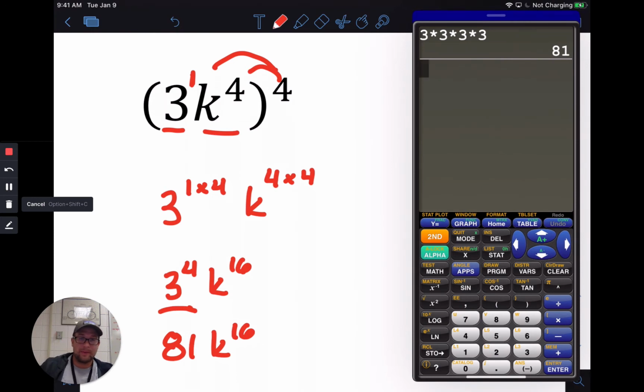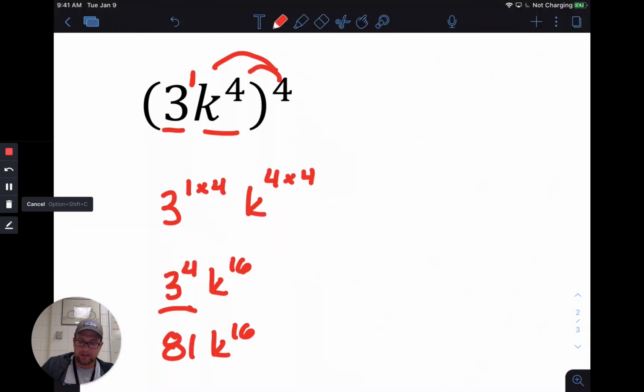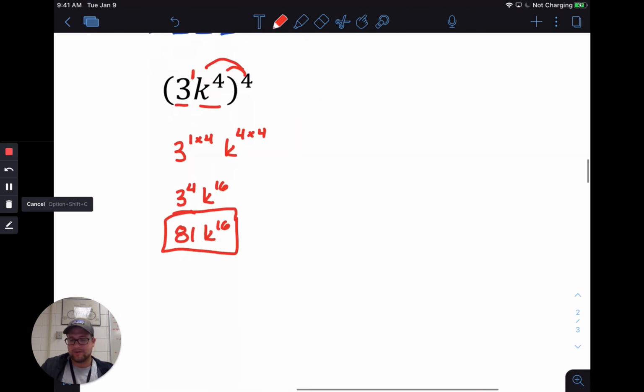But do remember, ladies and gentlemen, you should be able to type this in a little quicker, too, if you use your caret key. My caret key is right above my division symbol. It's that little up arrow there. Once you hit that, then you should be able to type in your exponent, and that should evaluate it for you. Right? That's just a little refresher to RE1. So again, here's our final answer. Let's put a box around that so that you can find it easily.